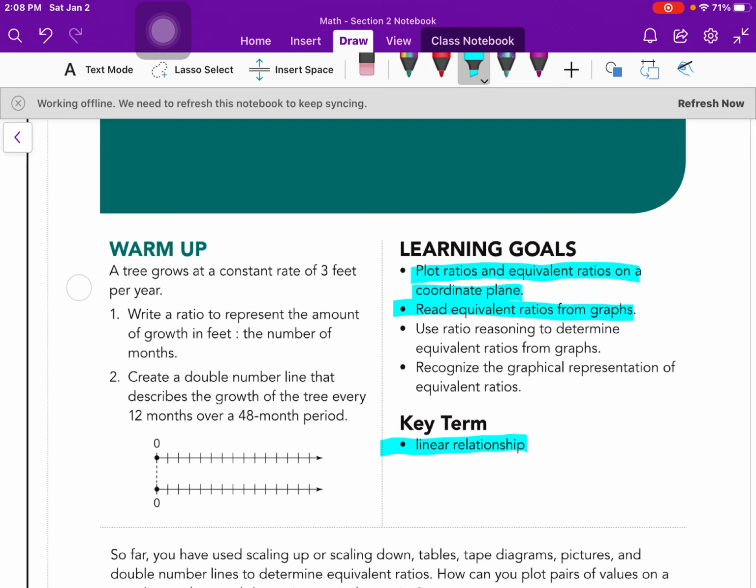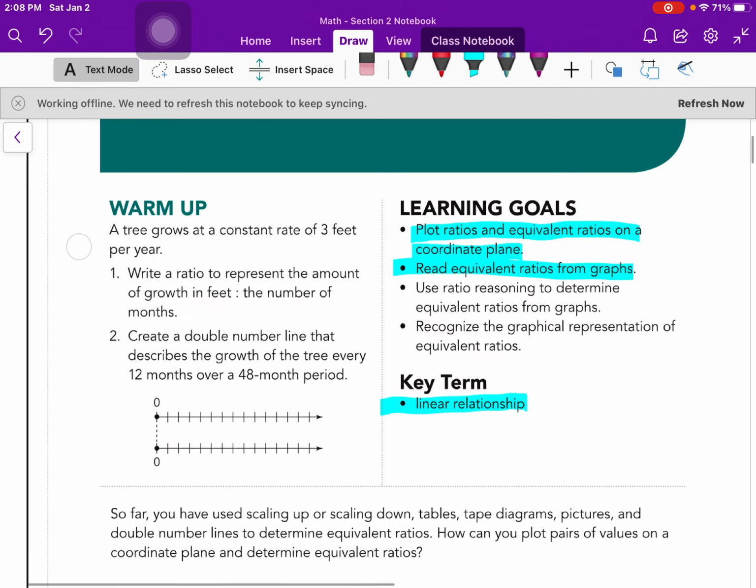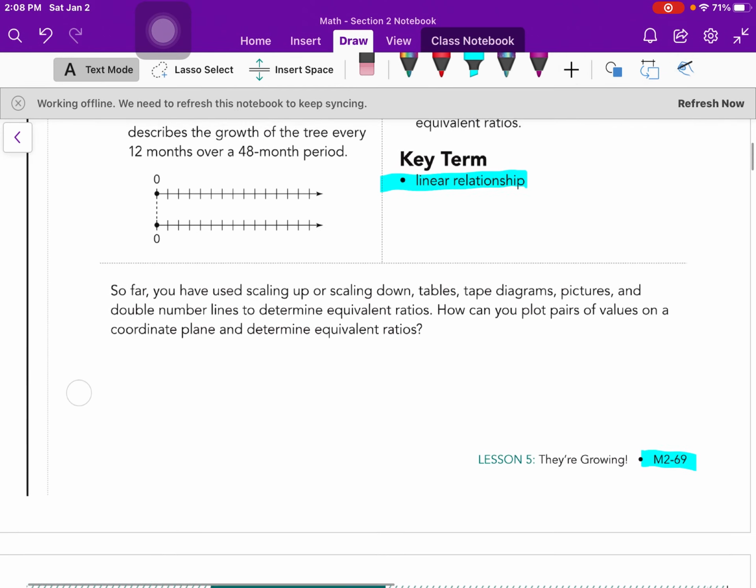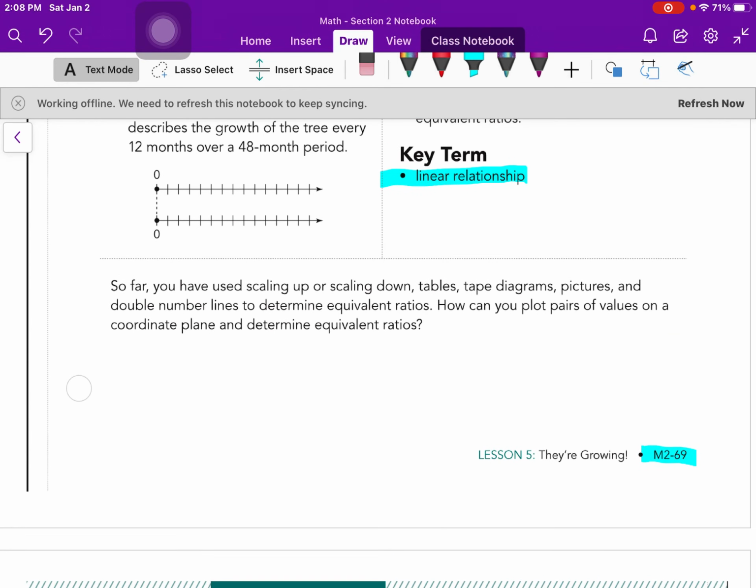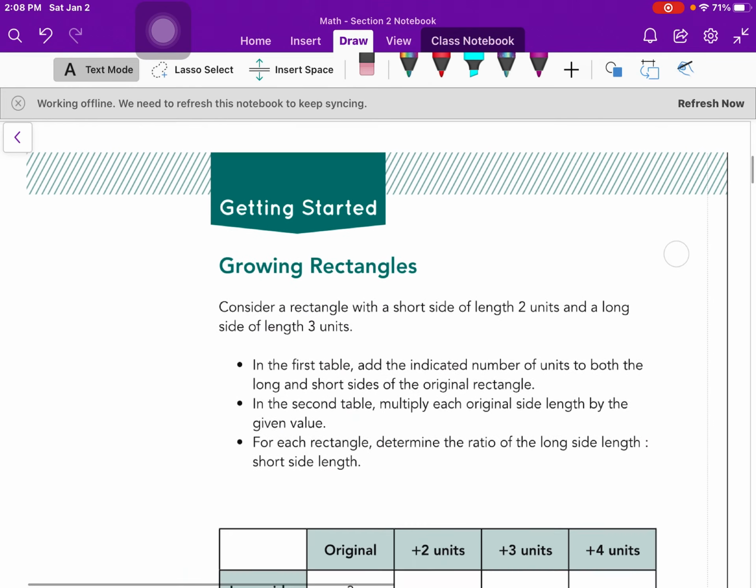Linear kind of sounds like line, and we're going to see the linear relationship of equivalent ratios on a graph. So far you've used scaling up, scaling down, tables, tape diagrams, pictures, and double number lines to find equivalent ratios. How can you plot values on a coordinate plane to figure out equivalent ratios?